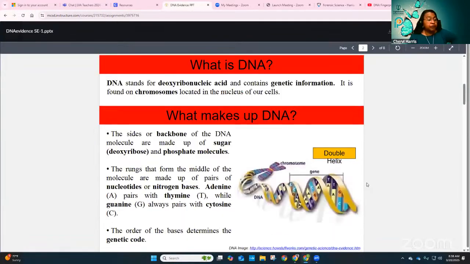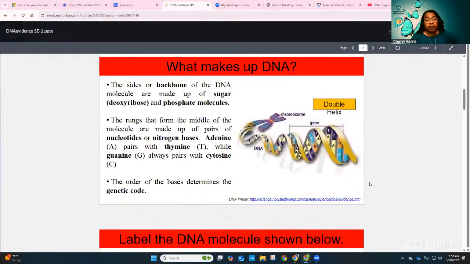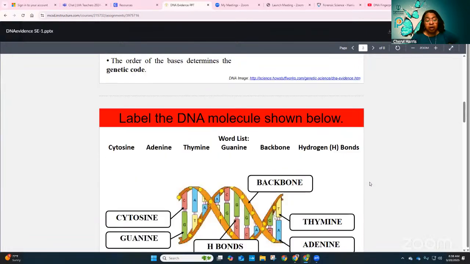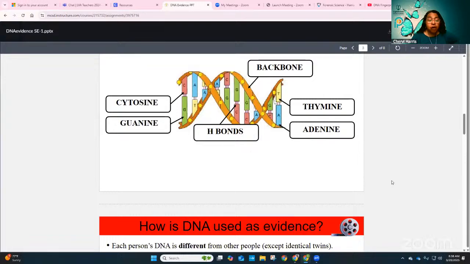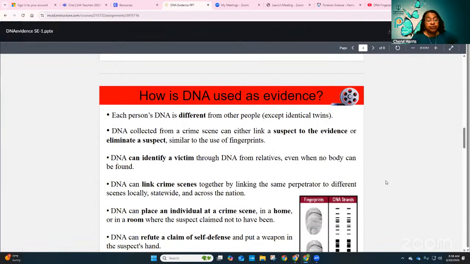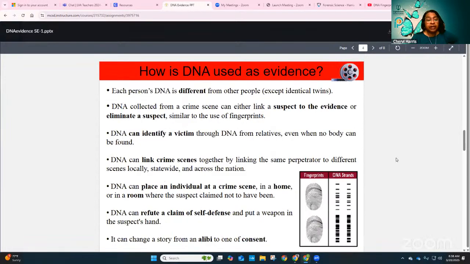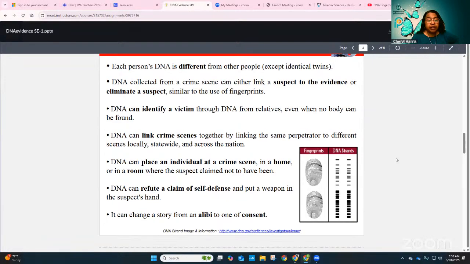It had a quick review of what a DNA molecule is, what its structure is. Hopefully you remembered that from biology. And then some things that you can use DNA evidence to do.